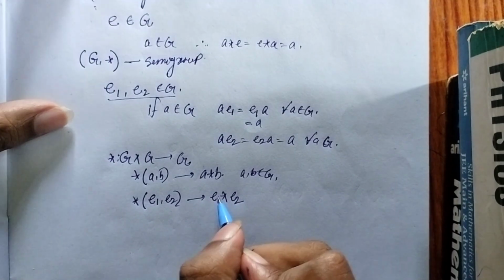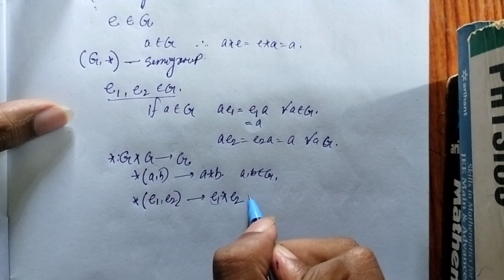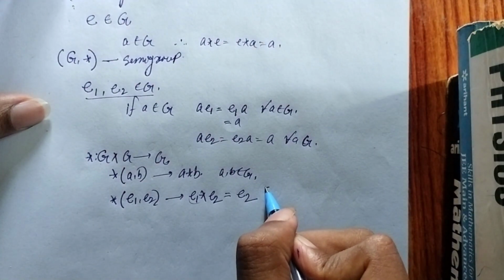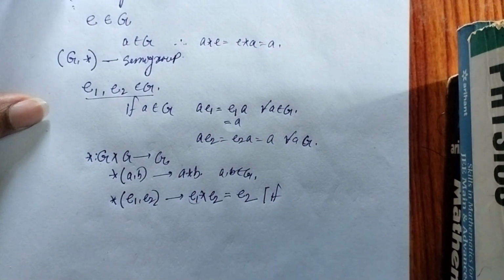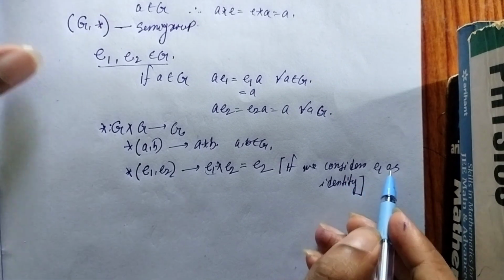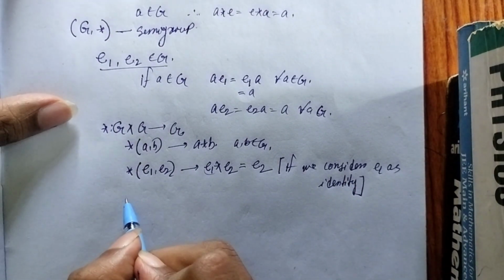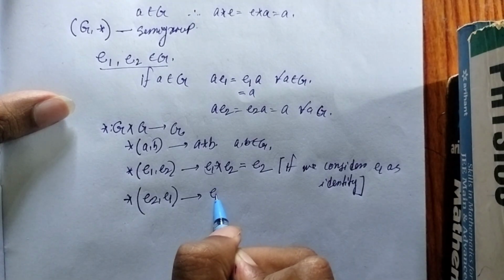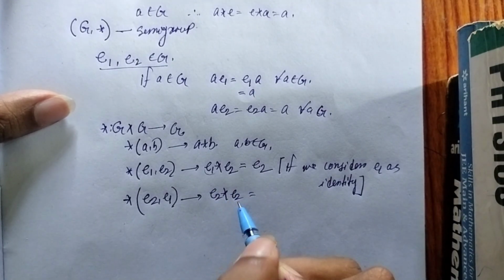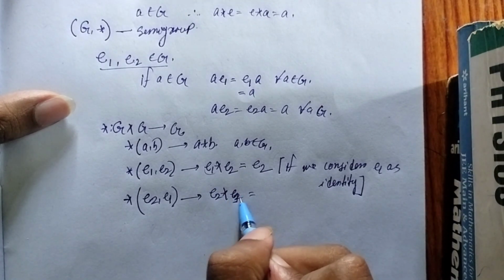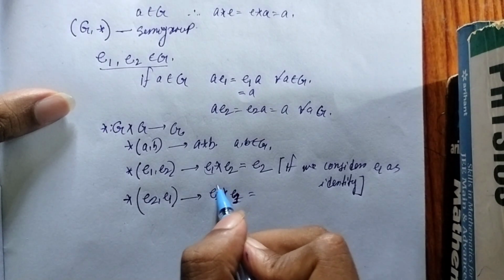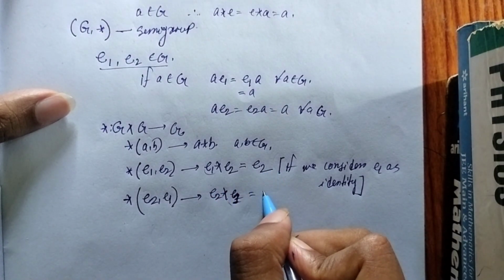Now, if we consider E1 as the identity, that means we will end up with E2. So I am writing it there: if we consider E1 as identity. Now if we do similar for this, if we consider E2 as identity, this is going to be E1.